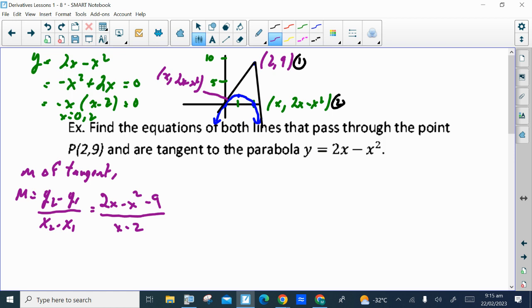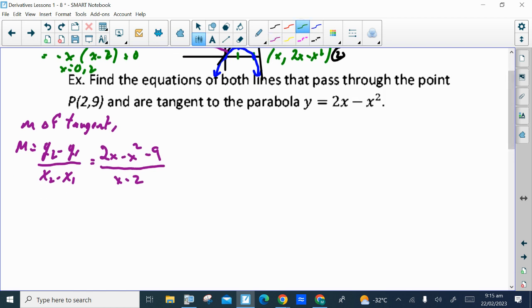So that's one expression for the slope of those tangent lines. But also remember that you can get an expression for the slope of a tangent line to any curve by taking the derivative of that curve. So m also equals dy/dx, the derivative, which would be 2 minus 2x.